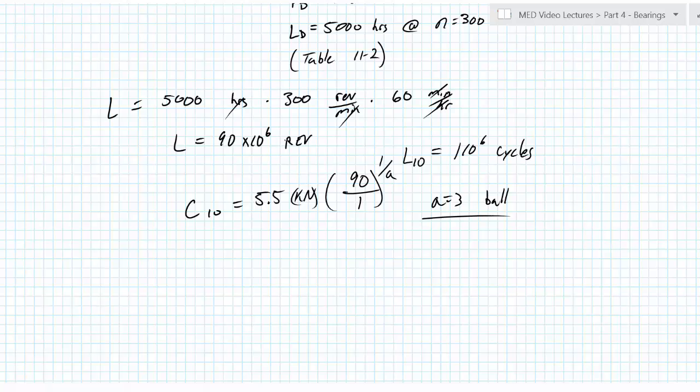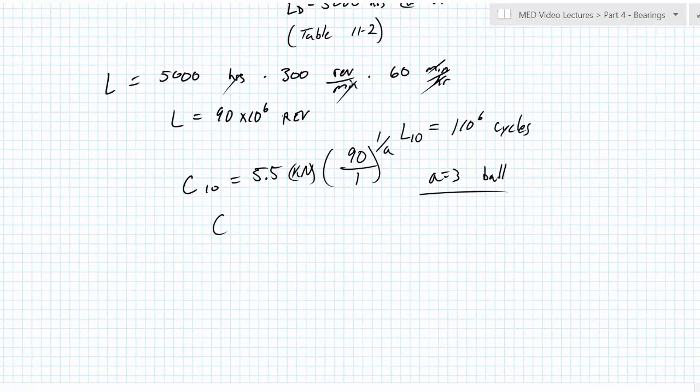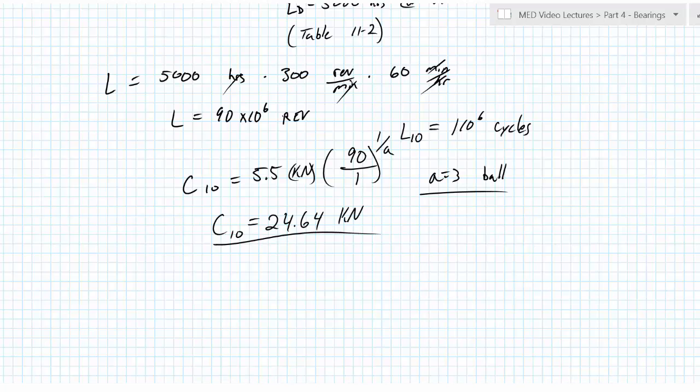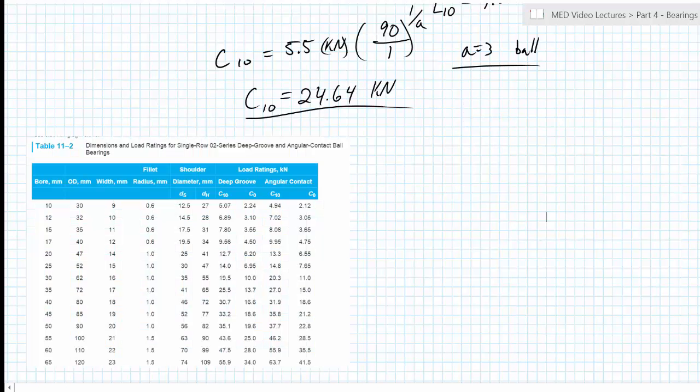So if we work that out, we find that we are looking for a catalog loading of approximately 24.64 kilonewtons. We can find one that's pretty close. So let's look at that catalog.